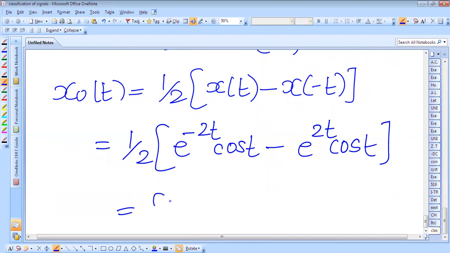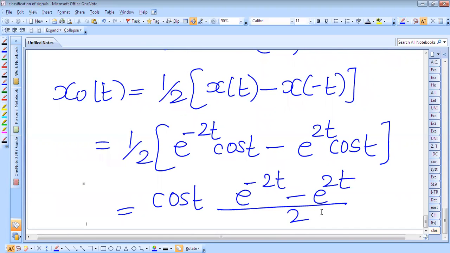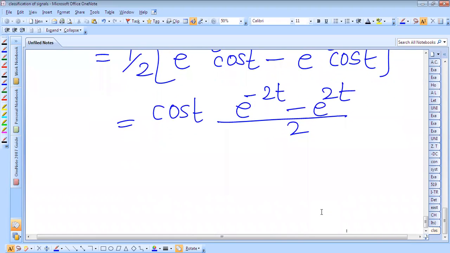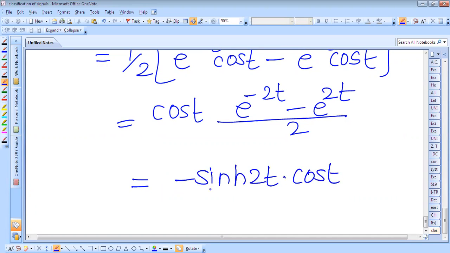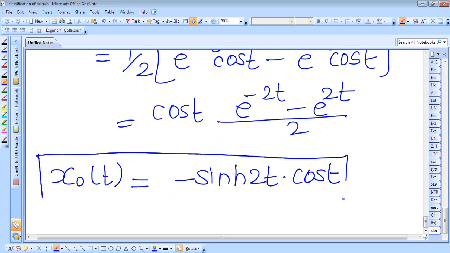So here we take cos t outside. What is remaining, e raised to power minus 2t minus e raised to power 2t by 2, and instead of this we can write minus sinh 2t into cos t. So this is the odd component of the function.